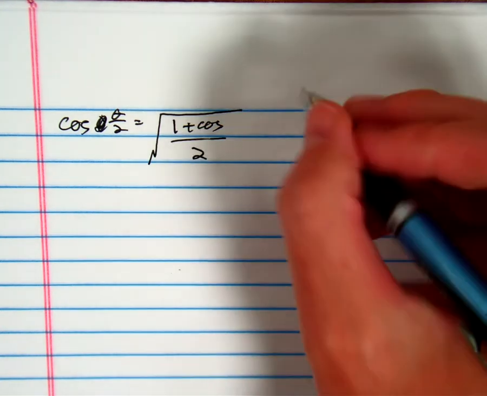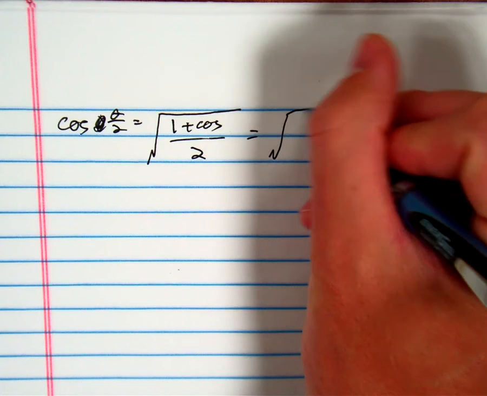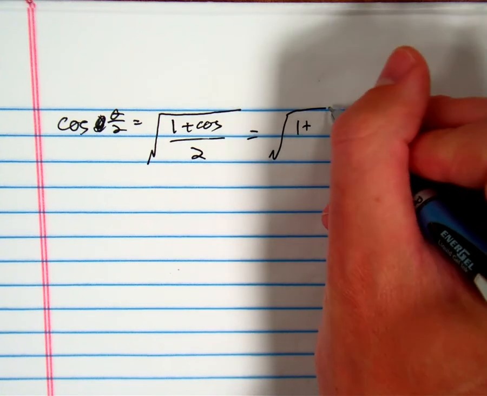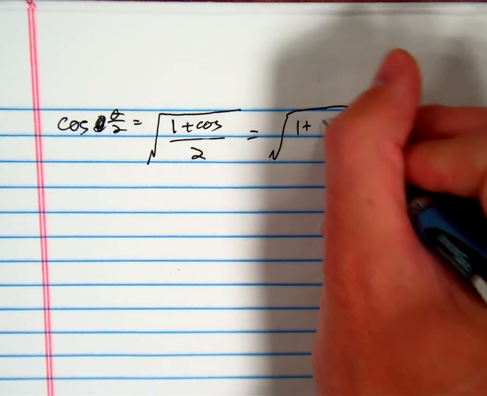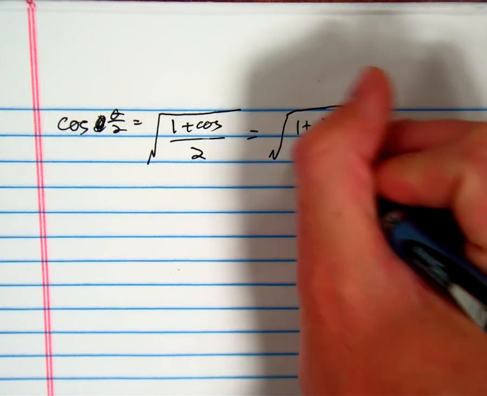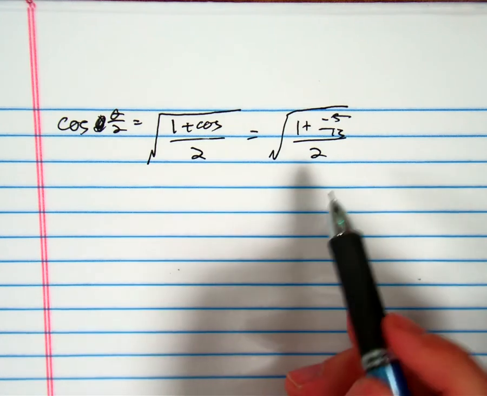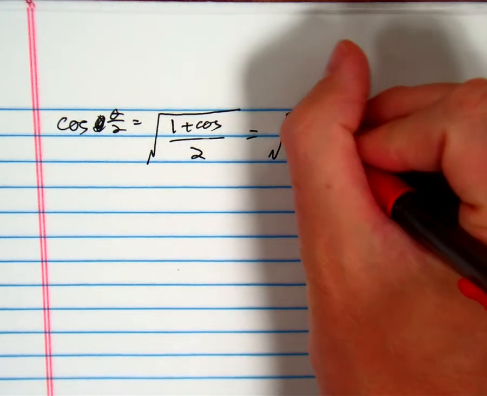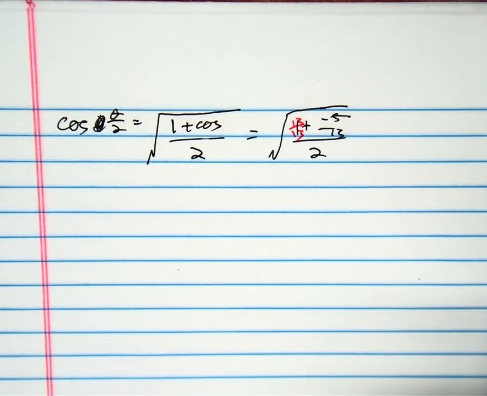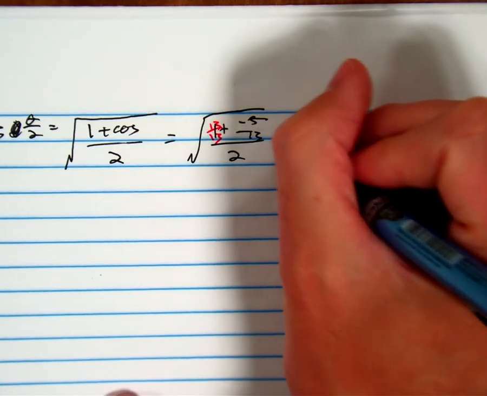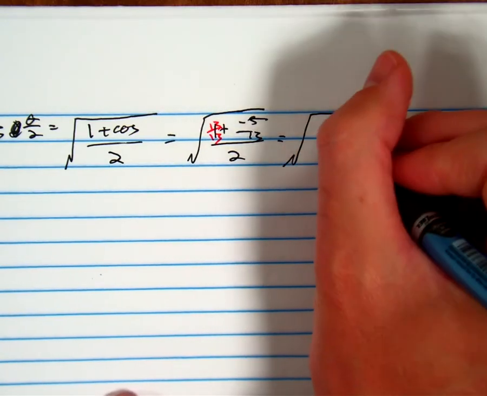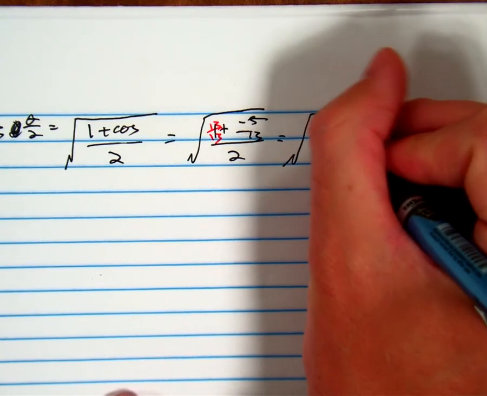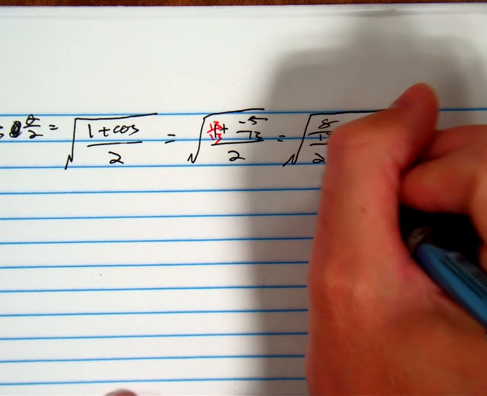Okay. 1 plus negative 5/13 over 2. Do my same thing here. Change that 1 to a 13/13. 13 plus a negative 5. We're going to have 8/13 over 2.